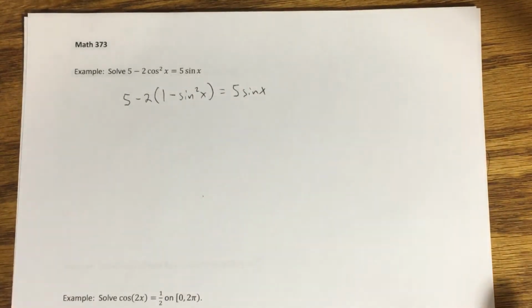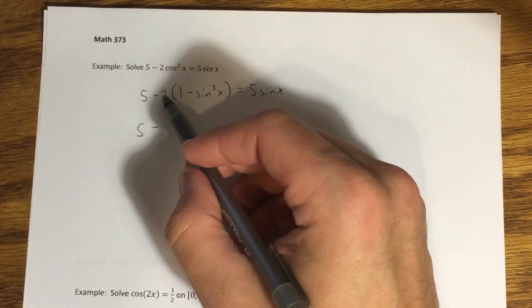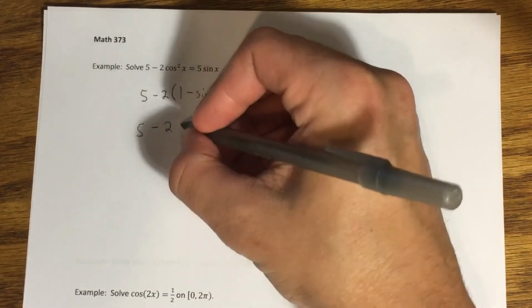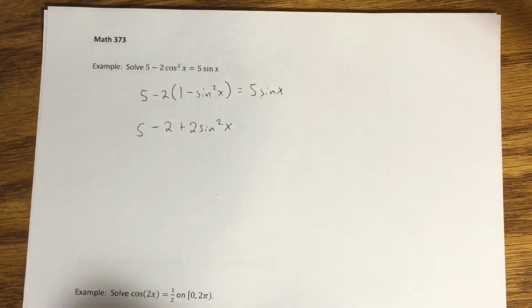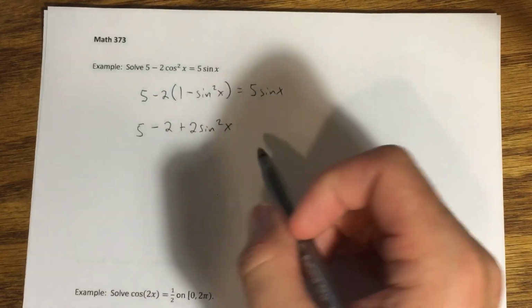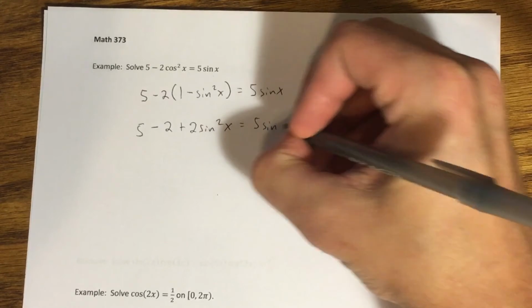Now everything is in terms of sines instead of having a mix of sines and cosines. And from here I can solve this using some algebra. So 5 minus, I have to distribute my negative 2 in, so that becomes negative 2 plus 2 sine squared of x. That's equal to 5 sine of x.